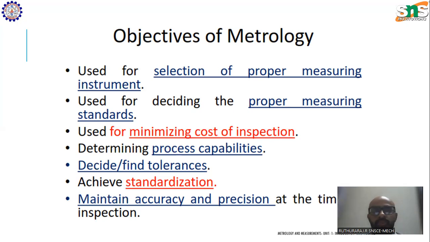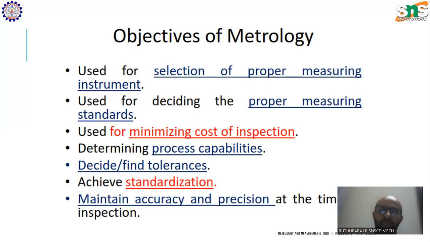So the first point is selection of proper measuring instruments. You have to select the proper measuring instrument for a particular job. Different measuring instruments can be used for measuring different components.